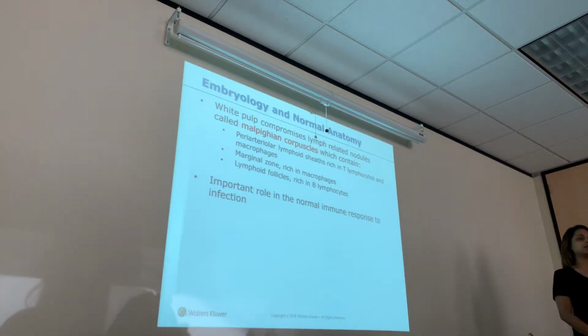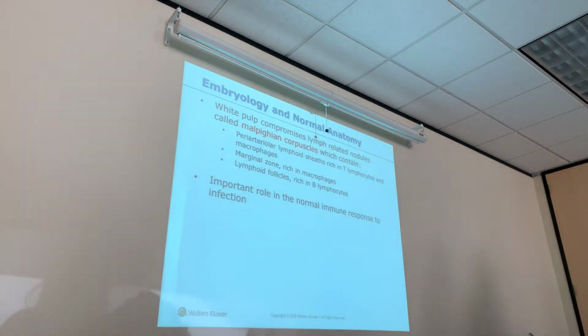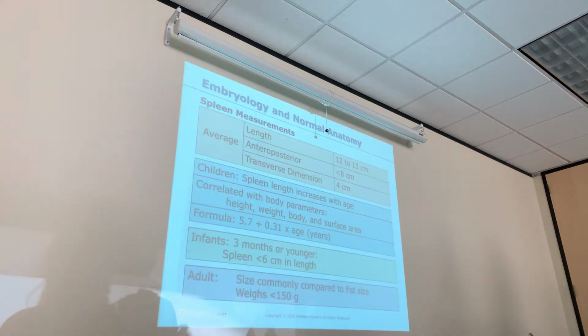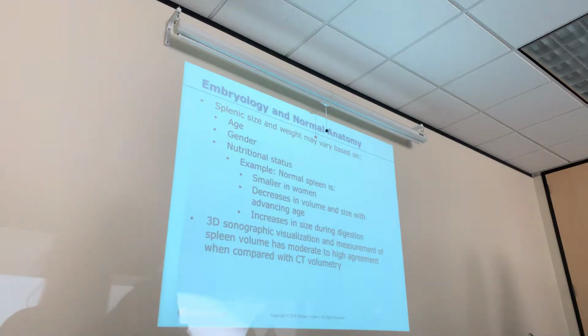And then the width would be like 4 centimeters. I think the book uses 5. Is it saying the transverse 4? Yeah. But mainly know the length. Length is more important because that's what they use to determine splenomegaly.